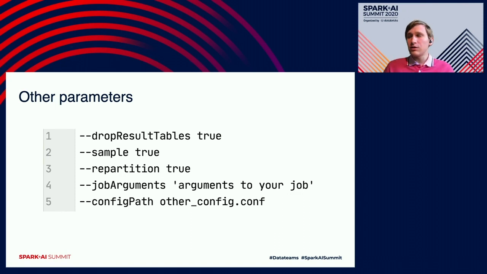Again, regarding repartition, we can either say that we want to repartition or we don't want to repartition. If your job takes some arguments, you can pass these arguments through the job arguments parameter.